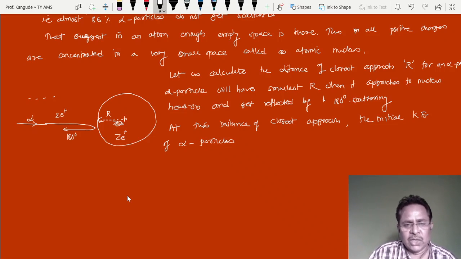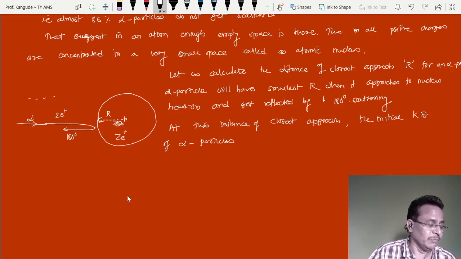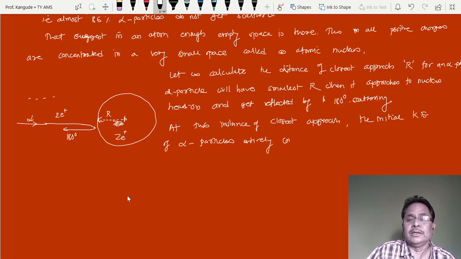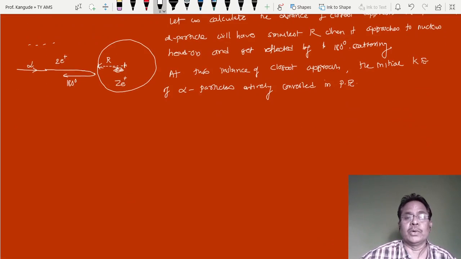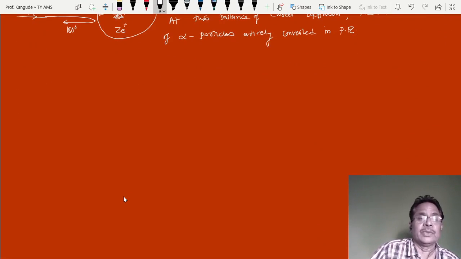At that fraction of a second, all its kinetic energy gets converted into potential energy. Now in such a situation, I know the formula for its kinetic energy as well as potential energy. That's why I am equating these two energies at this closest approach. That is the idea he uses here. Therefore, the initial kinetic energy, whatever energy it is coming with, will get converted into potential energy.